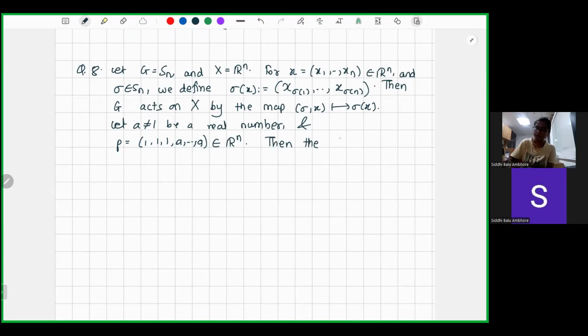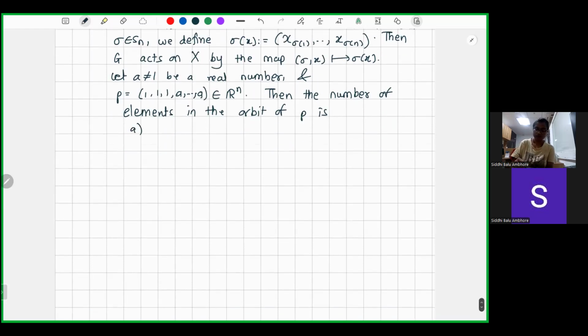Then the number of elements in the orbit of P is: the options are 3n, n cube, n minus 1, n minus 2 by 3 factorial, and D is none of the above.